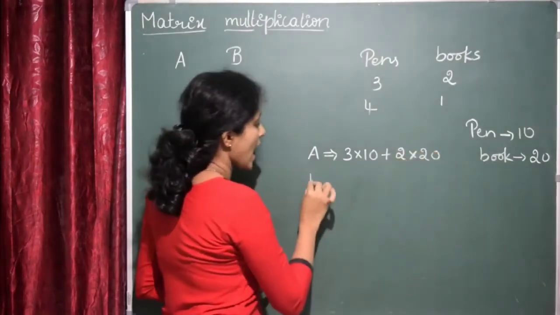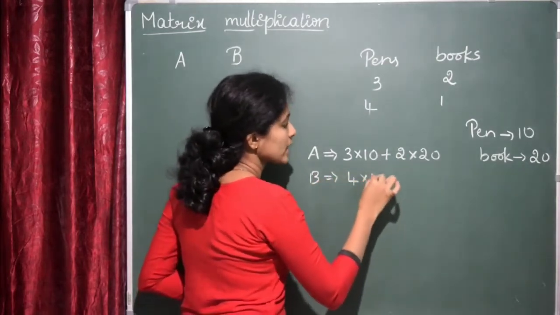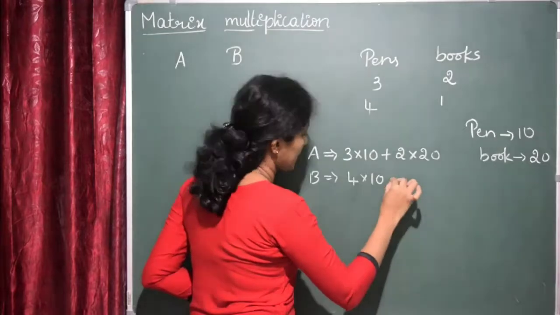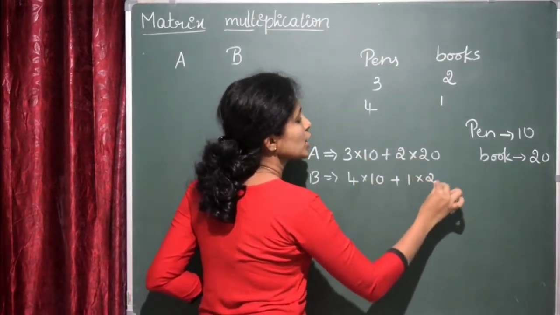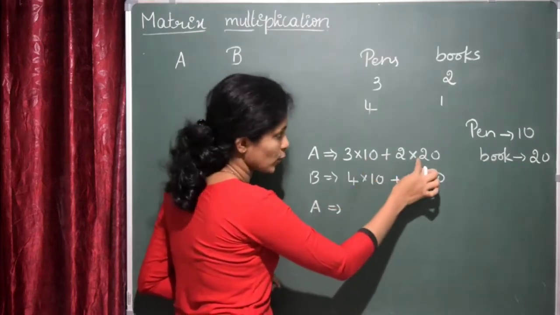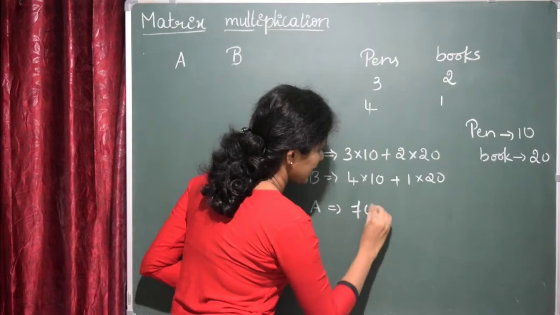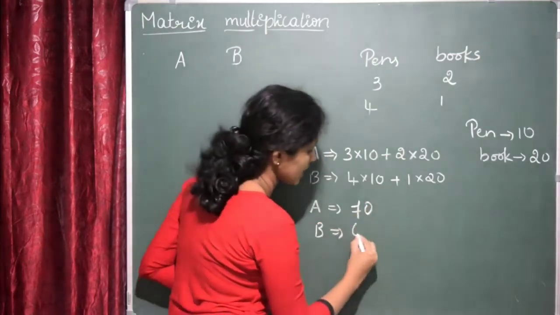This is A. And B has to pay the number of pens, 4, into the cost of pen, 10, plus the number of books, 1, into the cost of book, 20. So here A has to pay 30 plus 40, that is 70, and B has to pay 40 plus 20, which is 60.